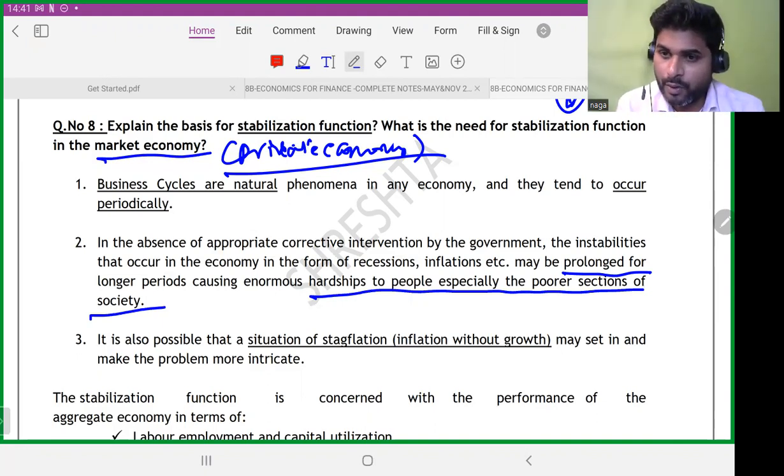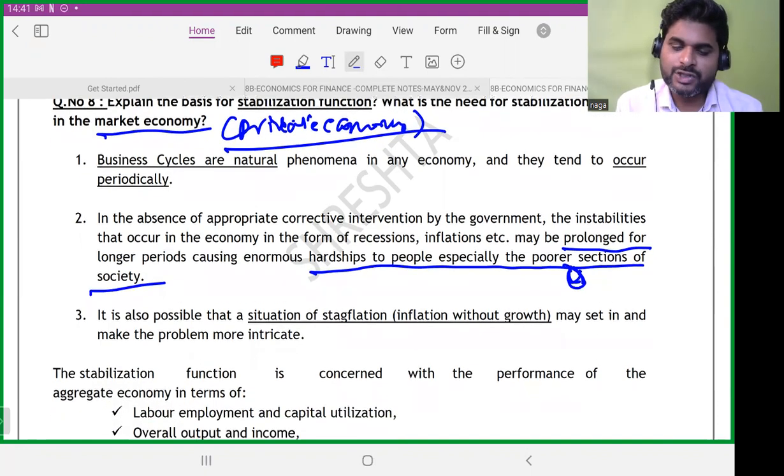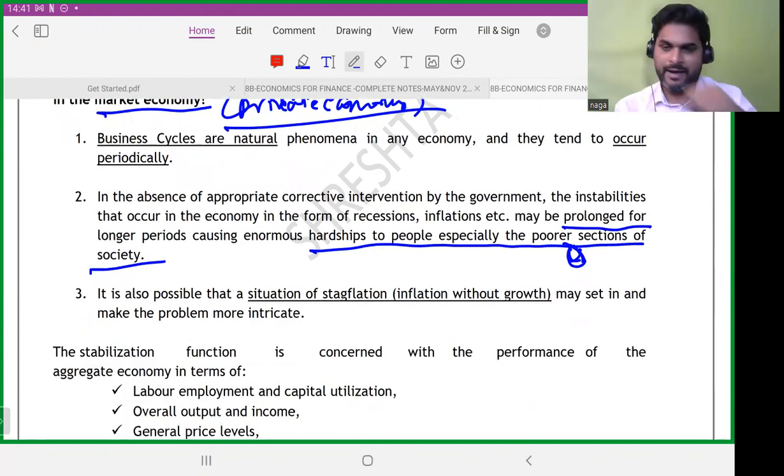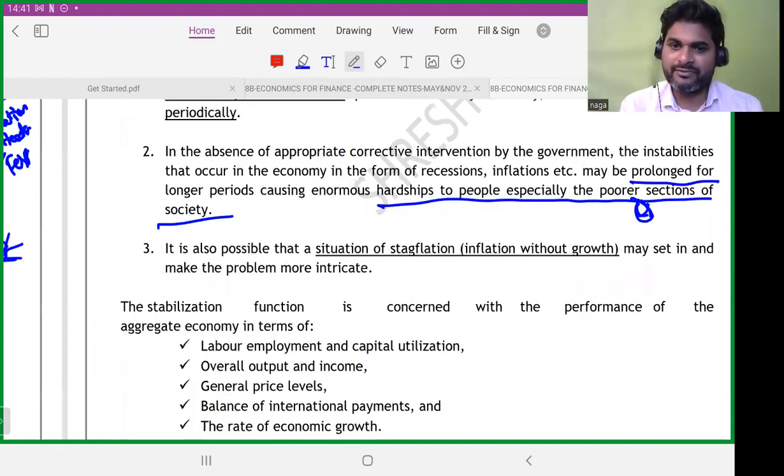You must be wondering how it impacts the poorer section. The income levels go down, people who were buying things will not buy, the revenues of government will come down, and the welfare schemes will not be able to run. So it is also a possible scenario that there is a situation of stagflation. Have you ever heard the word stagflation?